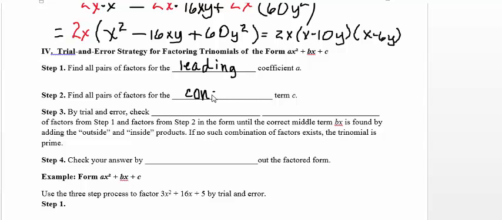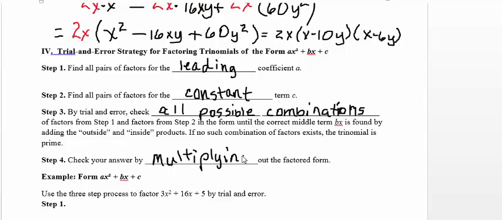I'm going to find all pairs of factors for the leading coefficient a, and then all pairs of factors for the constant term c. And by trial and error, I'm going to check all possible combinations of factors from step 1 and factors from step 2 until the correct middle term is formed by adding the outside and the inside products.